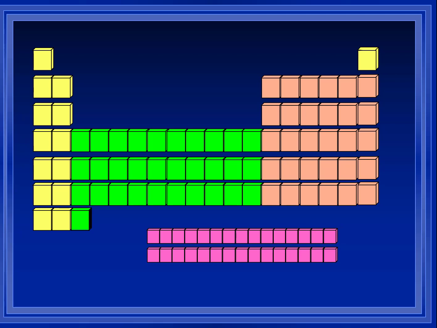Okay. You notice the first section? The first section is 2 columns wide. That's because everything in the first ones, 2 columns wide, is where s orbitals are filling.